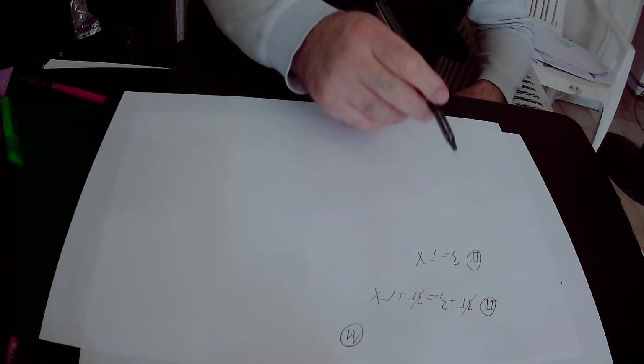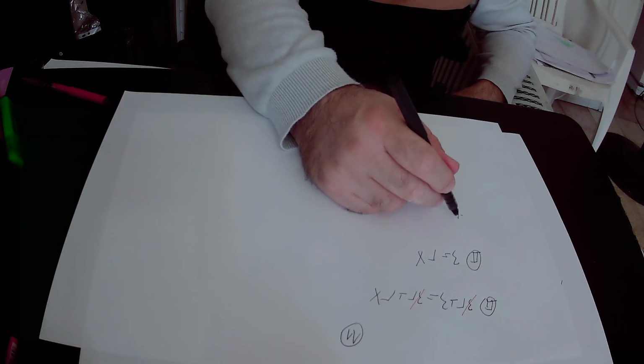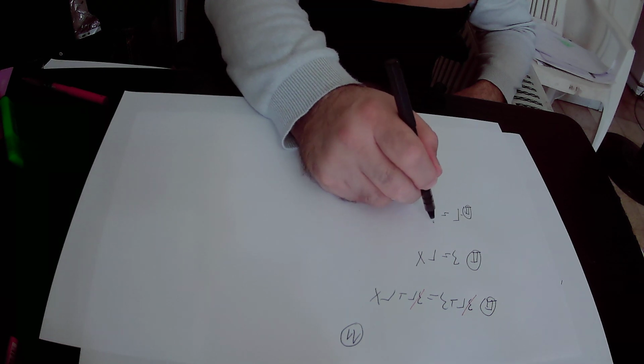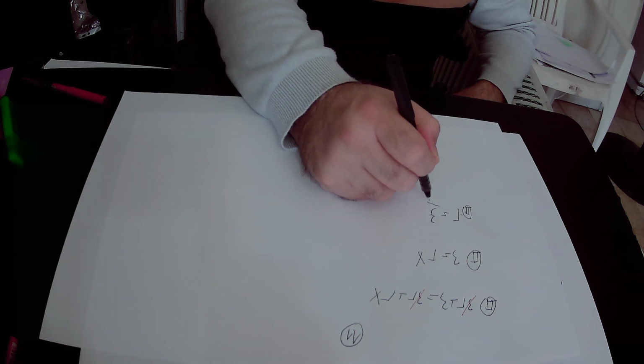Here we will divide equation number 2 by x, and we will get that R equals 3 over x.